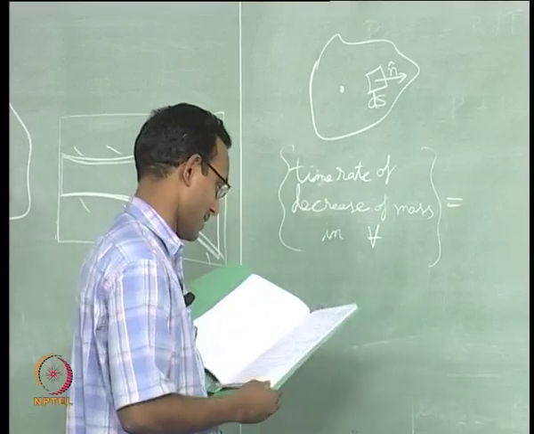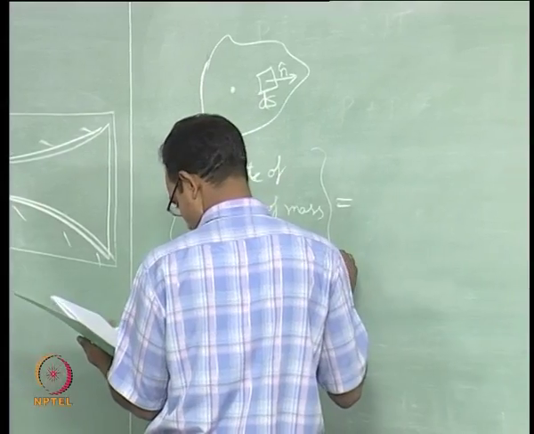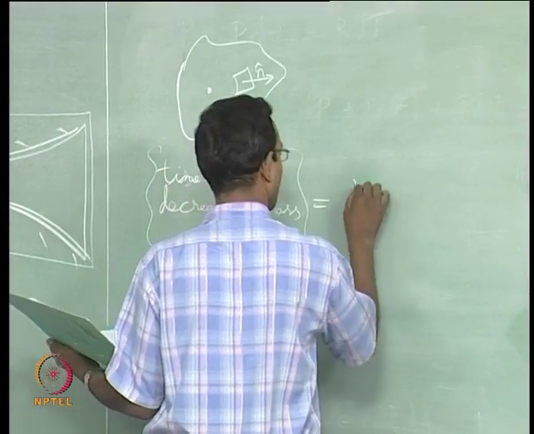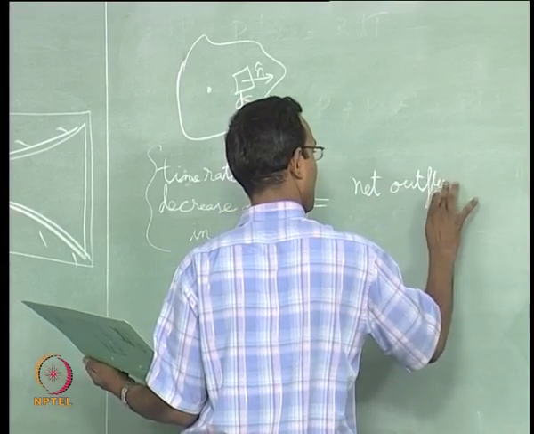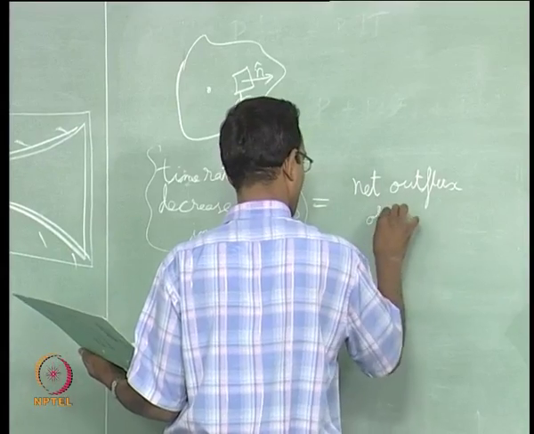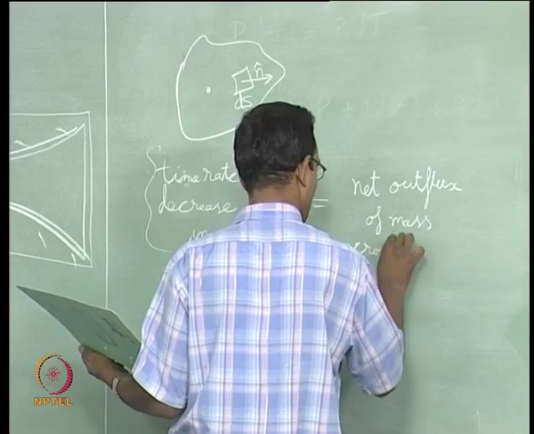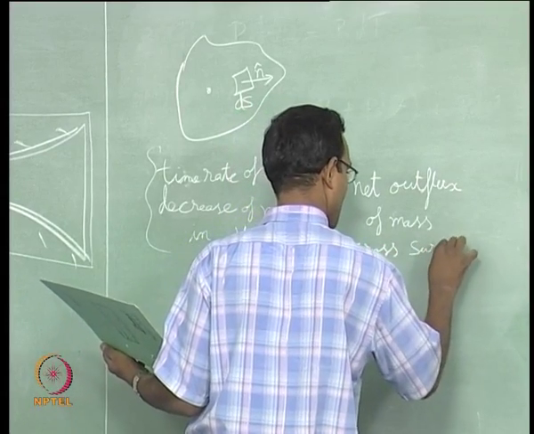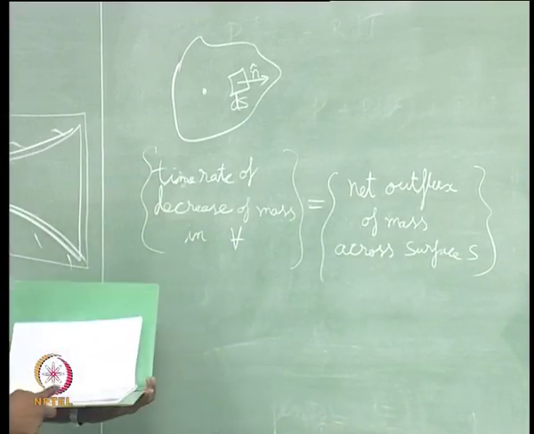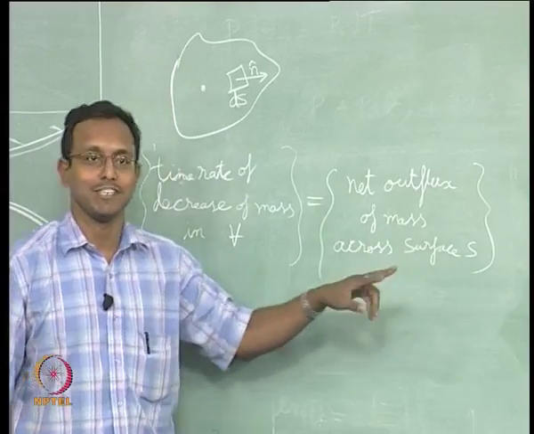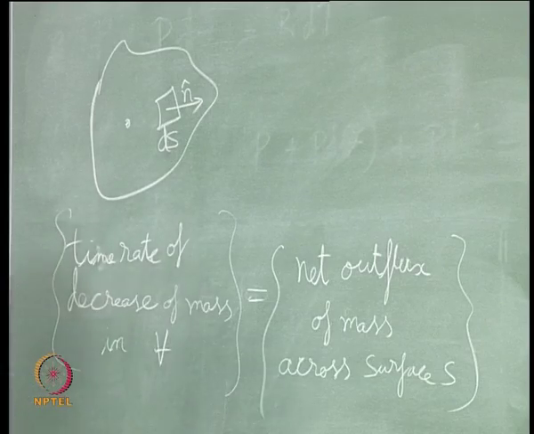That is the same thing here, with mass. Net outflux of mass across surface S, where surface S is the full surface of my control volume, the full area I am considering.